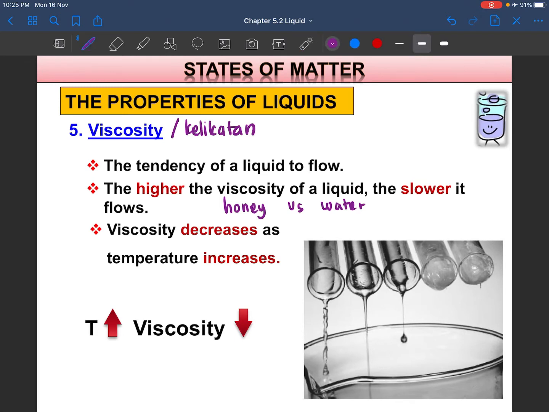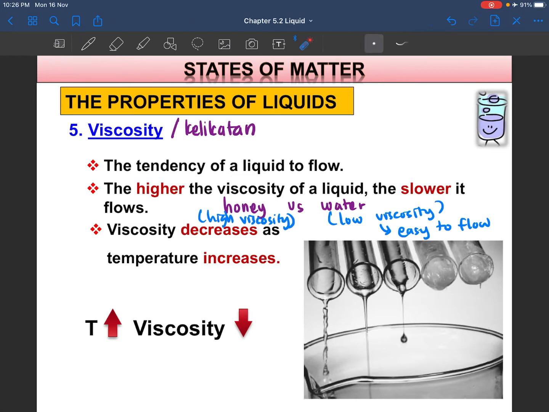Okay, so itu maksudnya honey ni ada high viscosity, tinggi kelikatan dia. Okay. But for water, dia ada low viscosity. Okay. So, bila low viscosity, hasil dia menyebabkan easy to flow lah, lagi senang untuk flow. Tapi kalau high viscosity, lagi slow lah dia nak flow.